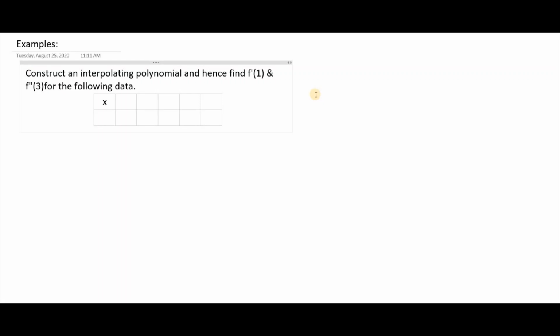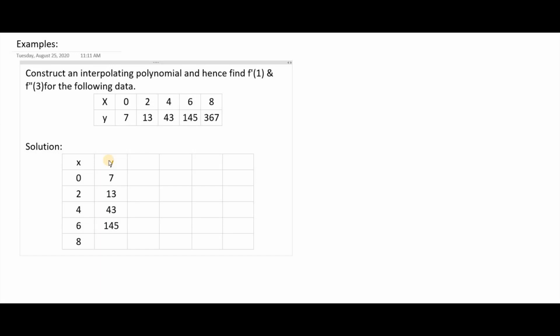The values for x are 0, 2, 4, 6 and 8. Similarly, the values for y are 7, 13, 43, 145 and 367. These are the values for y.